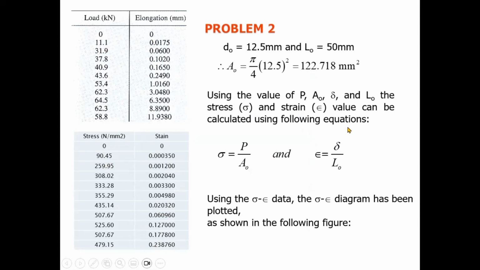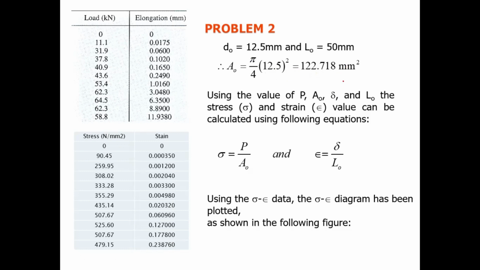Stress is simple, as I told you, load per unit area. This is 11.1 divided by area. How to calculate the area? We have diameter 12.5 millimeter, so we put it in the pi by 4 d square formula. We get the area in millimeter square. So this is in kilonewton and this is in millimeter square.